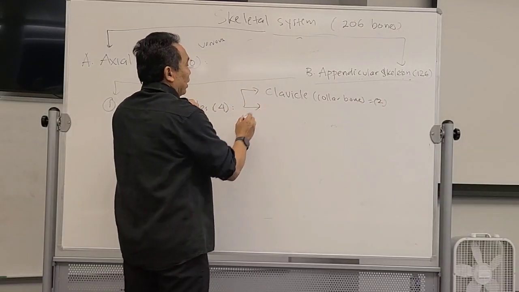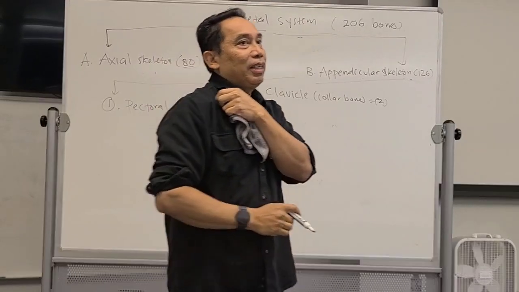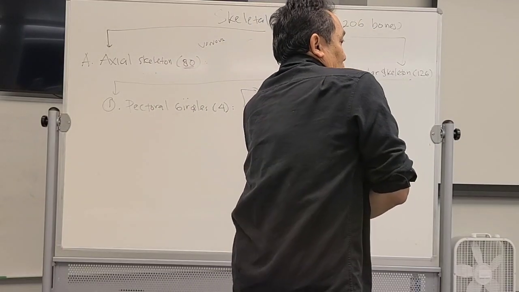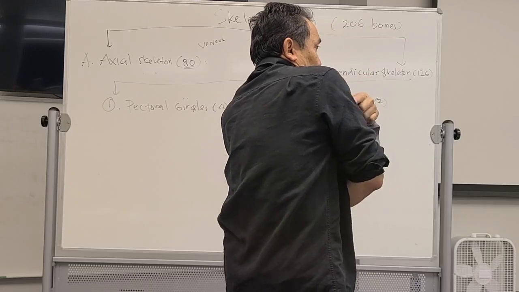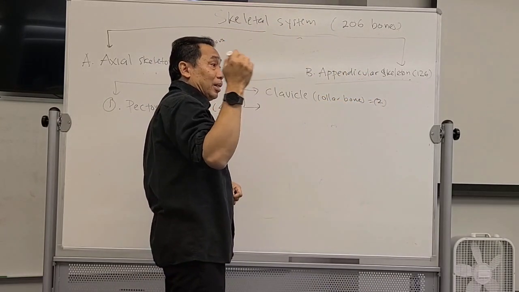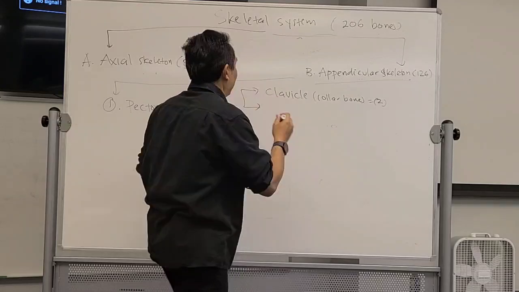Now, what is the second one? This is your blade. On the back you have the blade, and in the front you have the cavity for your humerus to attach. What do you call it? Scapula.